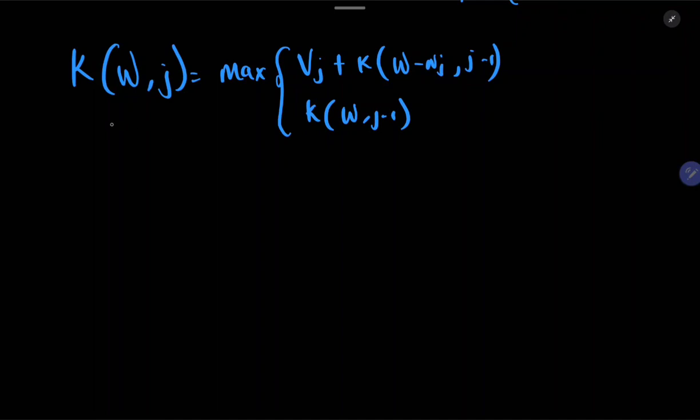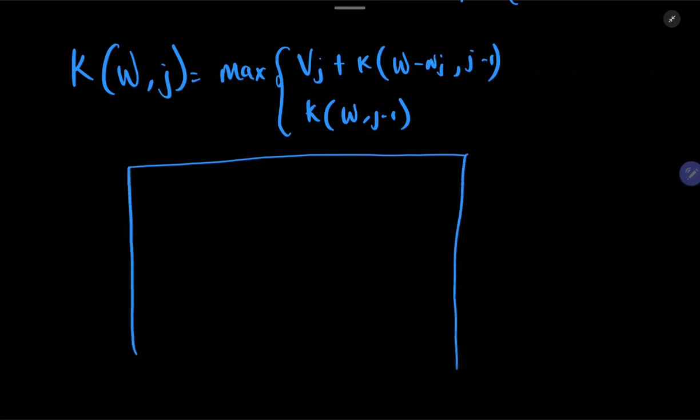When we have drawn the recursive substructure for this problem, the next thing we do is use dynamic programming. For the dynamic programming, the algorithm will fill up a table that looks like this. You have weights, W, going from 0, 1, all the way to the capacity. So we start from 0 weights.